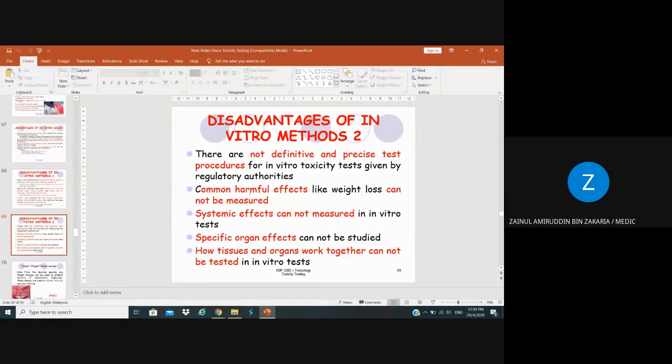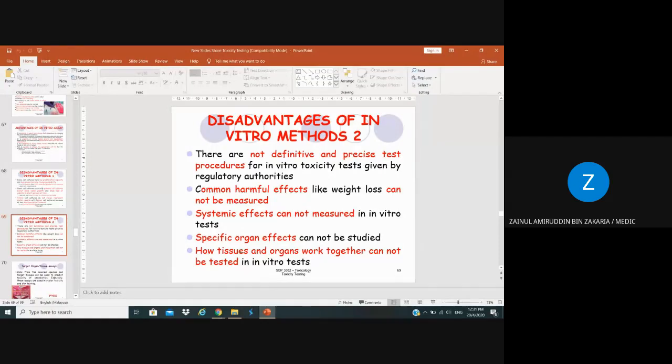Systemic effects cannot be measured in an in vitro test because you are using cells instead of a whole animal. Specific organ effects also cannot be studied because you are using cells instead of the organ. And how tissue and organ work together cannot be tested either.